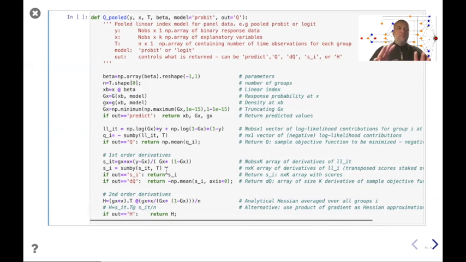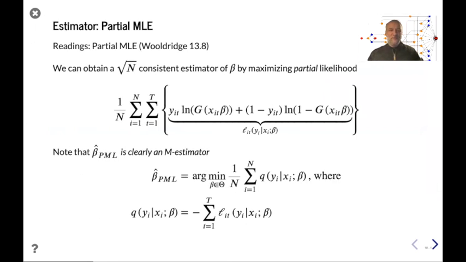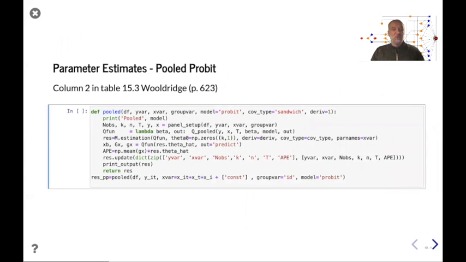The long story short with this piece of code is it's pretty much the same as before, except we're now summing over t, and then we have the objective function, its derivatives, and its second order derivatives. Throwing that after a minimizer, you get your partial maximum likelihood estimator that turns out to be an M estimator, and then we can also calculate variance covariance matrices and so on.